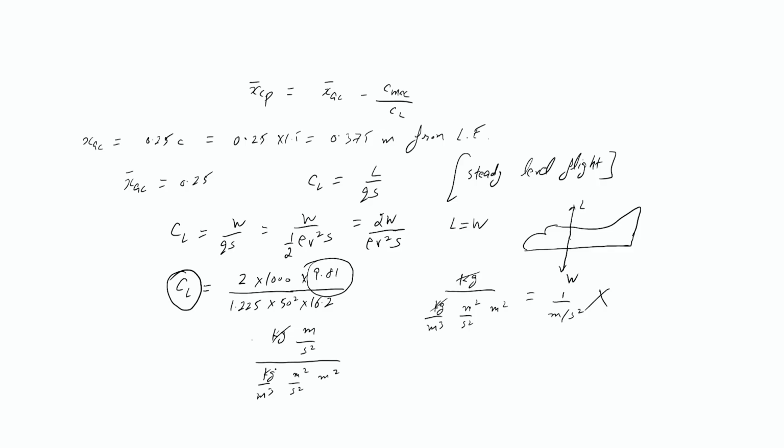So this kilogram goes, this second square goes, and here we have meter power 4 divided by meter power 4. So finally it has become dimensionless, which is actually correct. Please check the units before inputting the values. So now finally we get CL equals approximately 0.3954.